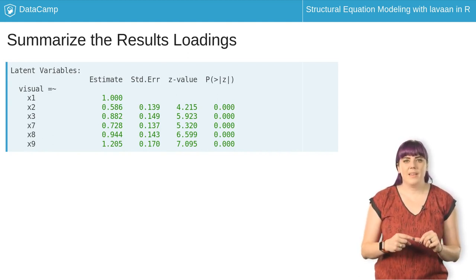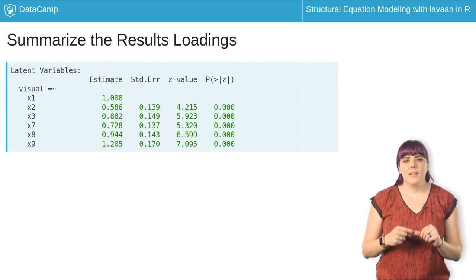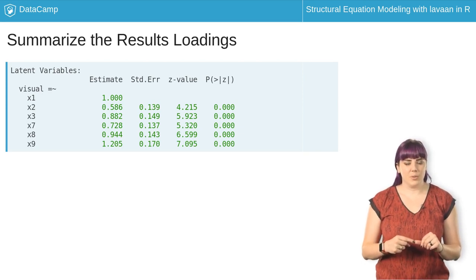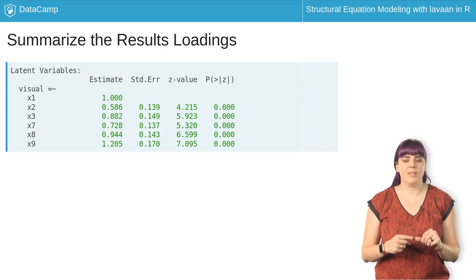The 1 next to x1 variable indicates that this manifest variable was used for the scaling of the model. These coefficients can be compared to unstandardized regression coefficients. In this example, for every 1 unit increase in visual speed scores, we see a 0.586 unit increase in x2.